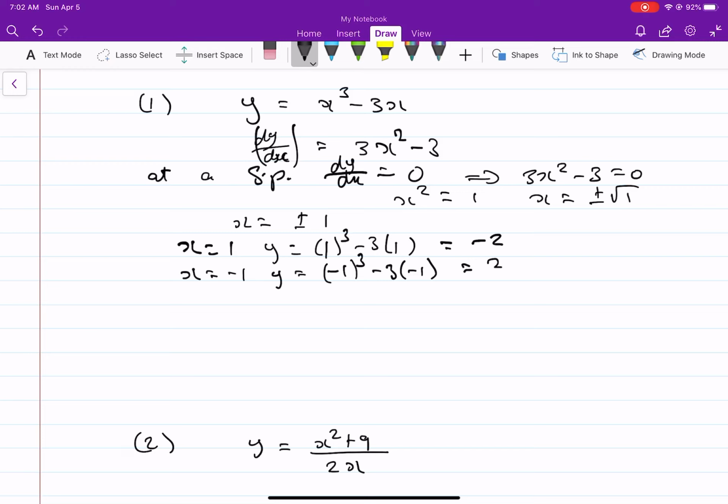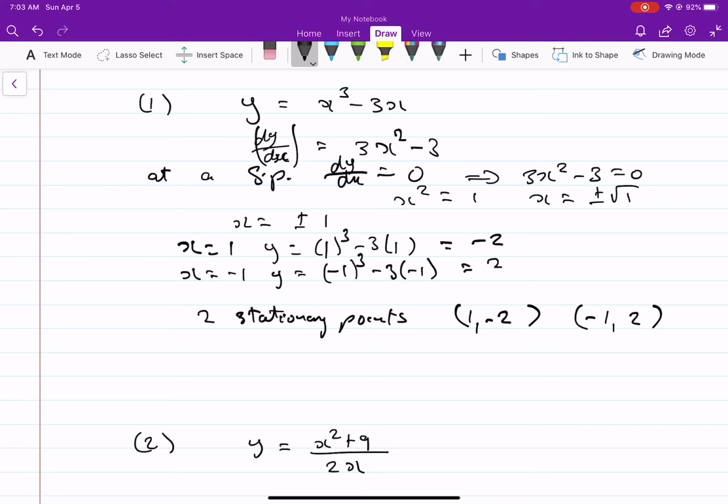So there are two stationary points in this curve. The coordinates are (1, minus 2), and the other one has coordinates (minus 1, 2).